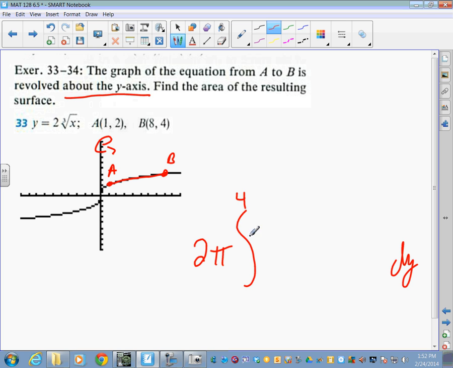So the y-bound is difficult. Nope. We have to go around the y-axis. So to calculate my radius, we have to find this value.